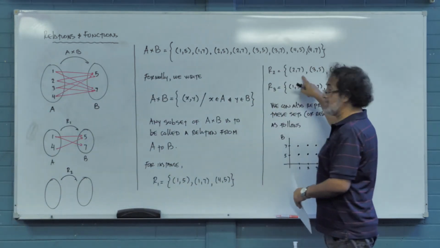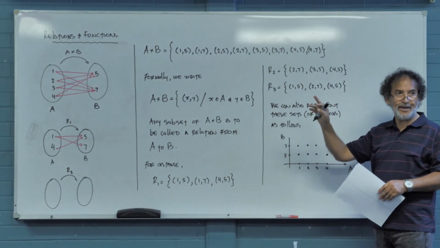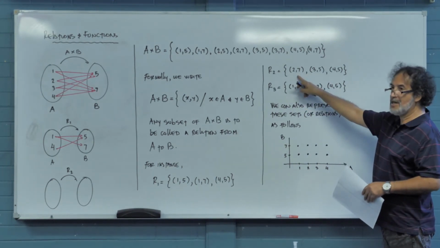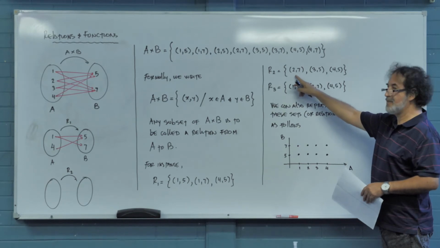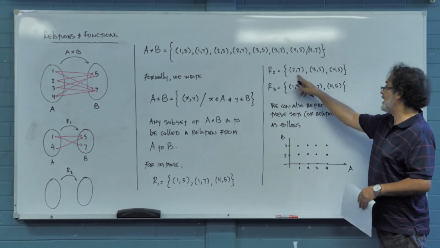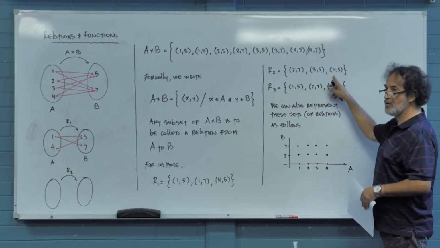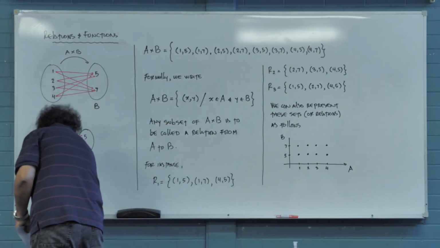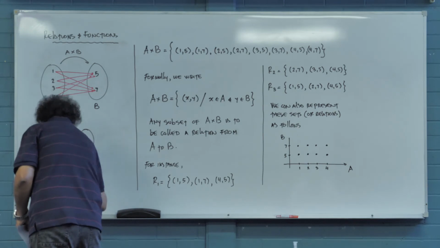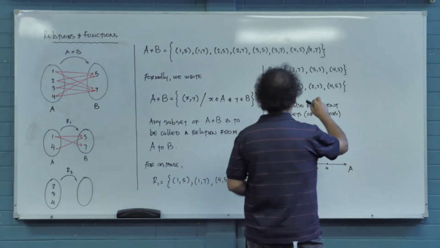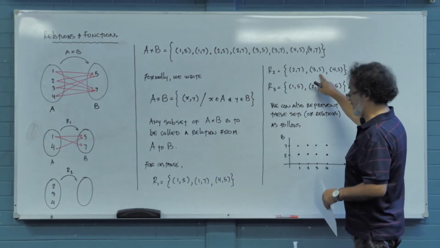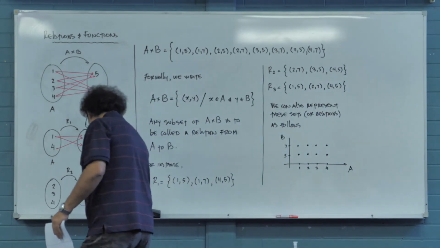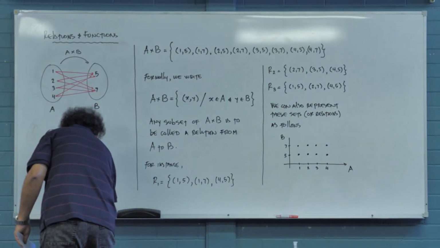Okay, so you can see that in here, from now on, the input numbers are 2, 3, and 4. All right, 2, 3, and 4. And the output is going to be 7 and 5, or 5 and 7 if you want.